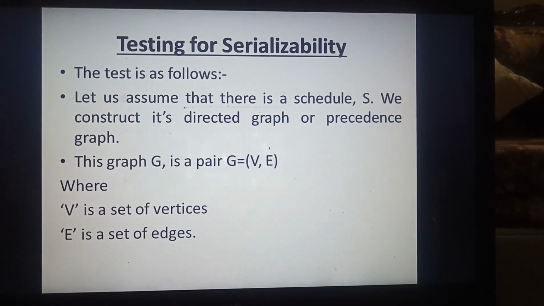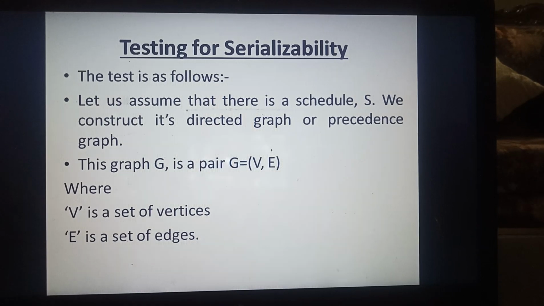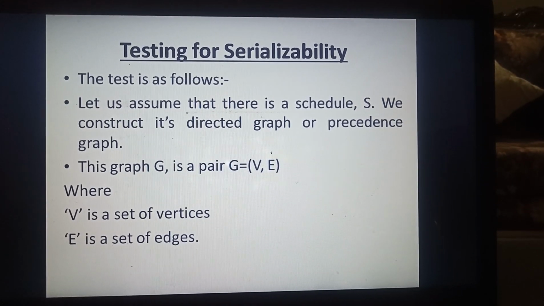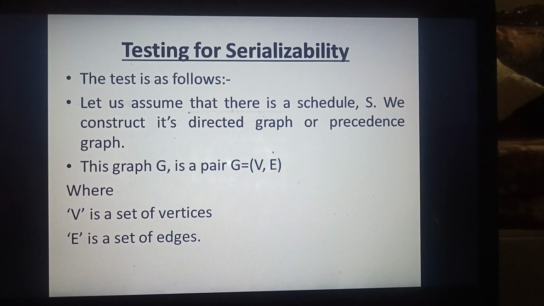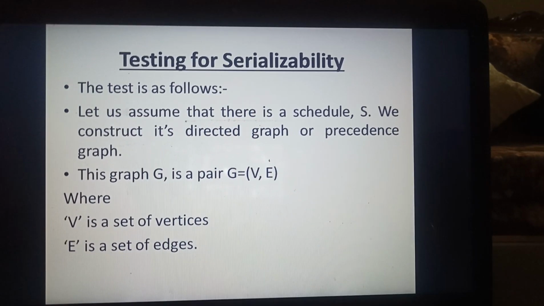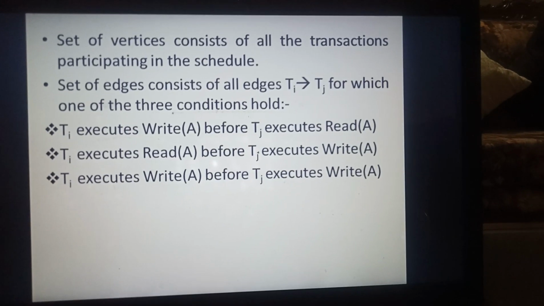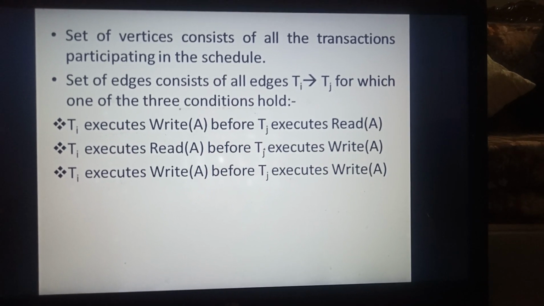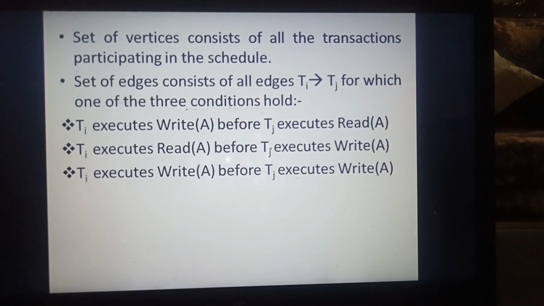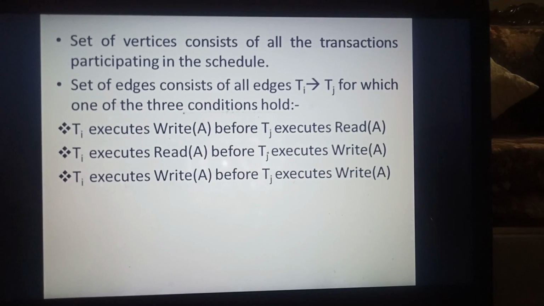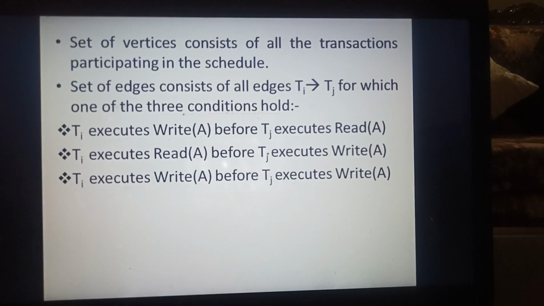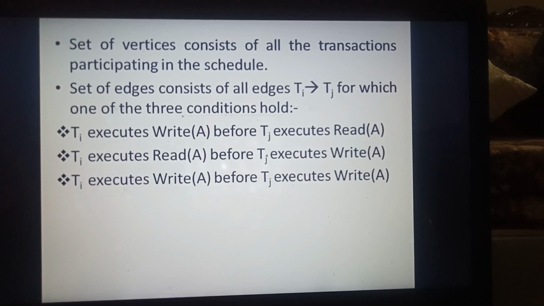This graph G is a pair of vertices and edges V and E. V is a set of vertices and E is a set of edges. So, set of vertices consists of all the transactions participating in the schedule. So, suppose if there are 3 transactions in a schedule, so there will be 3 vertices.